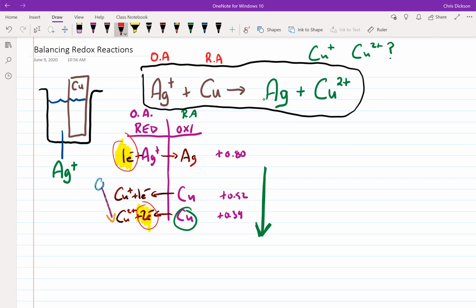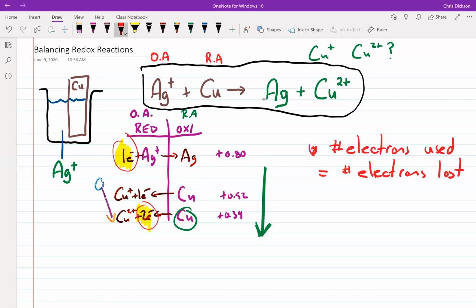So what actually has to happen here is the number of electrons used will always equal the number of electrons lost. Here we have an imbalance.